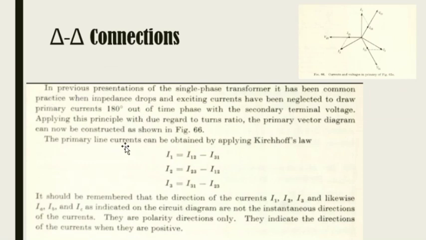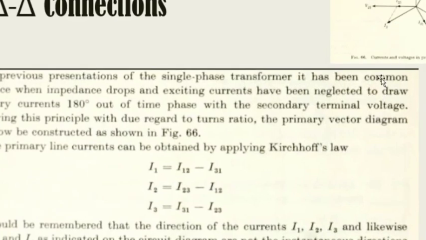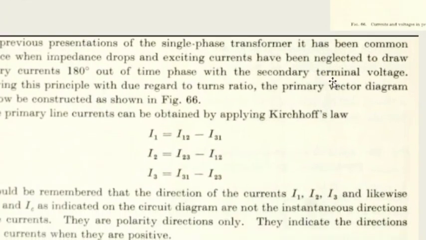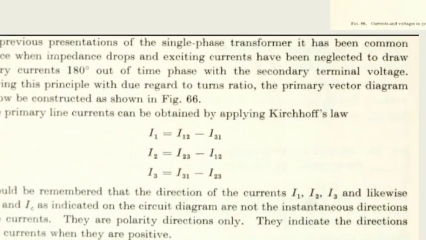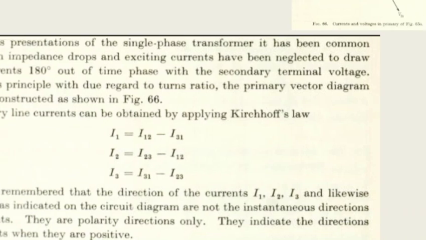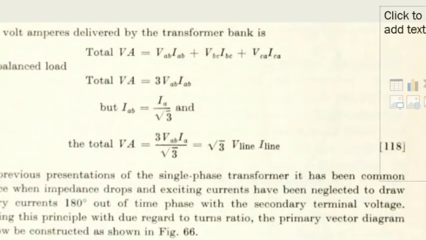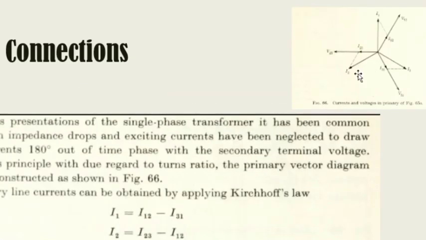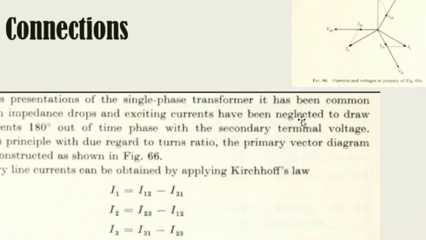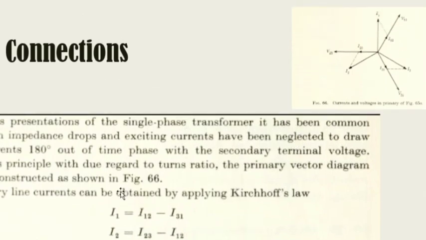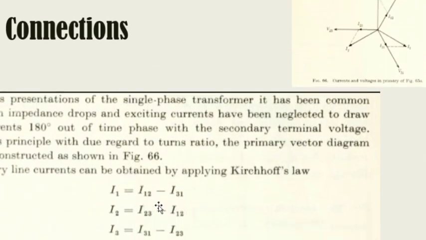Primary line currents can be obtained by applying Kirchhoff's law. Here is the figure we will base on. By Kirchhoff's law, again, we will have I1 equal to I12 minus I31.